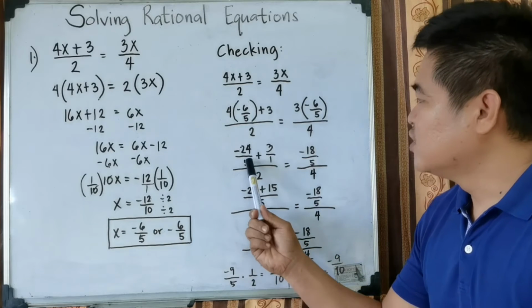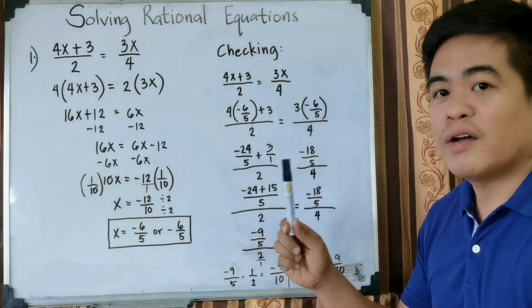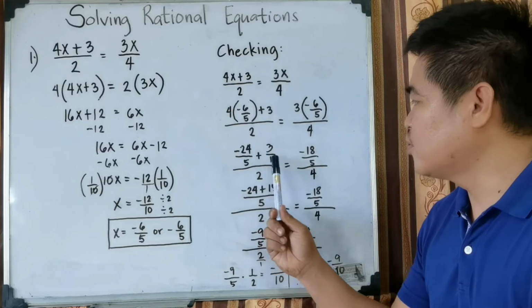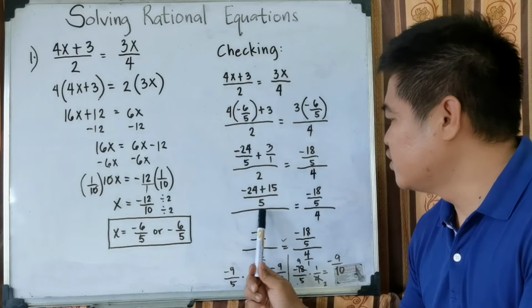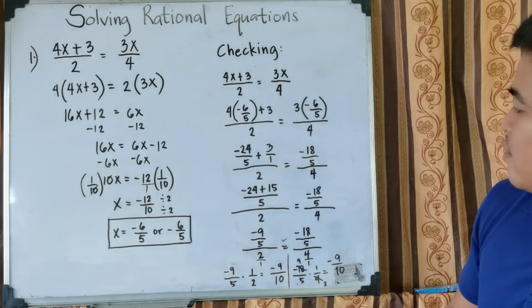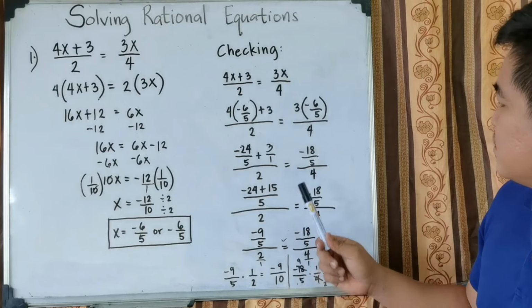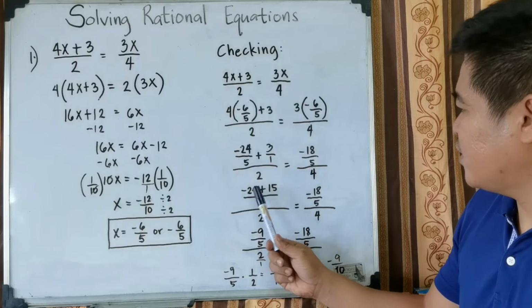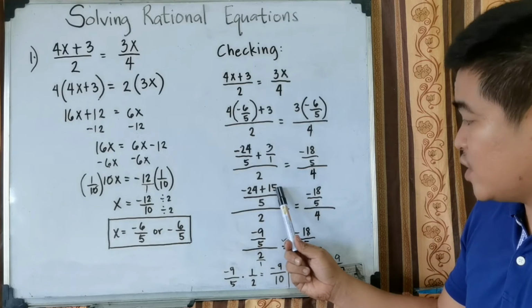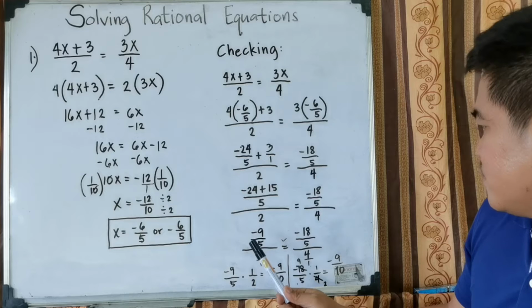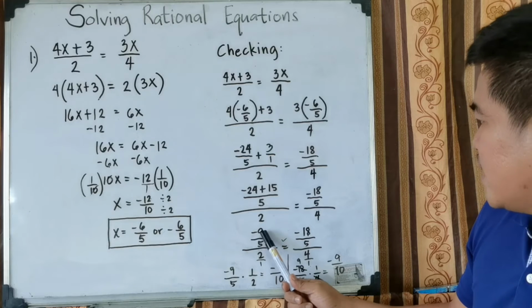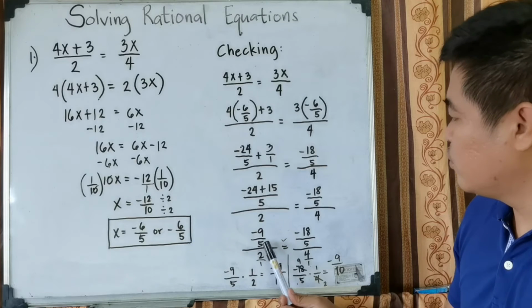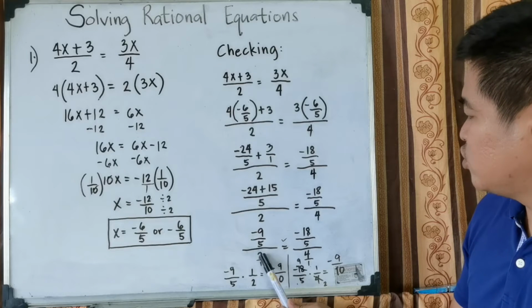All over, just multiply their denominators so they will have a common denominator, that is 5 times 1 is 5. All over 2, do not forget the denominator 2, equals, just copy this one here. Then we can simplify: negative 24 plus 15, that's negative 9, all over 5, all over 2.